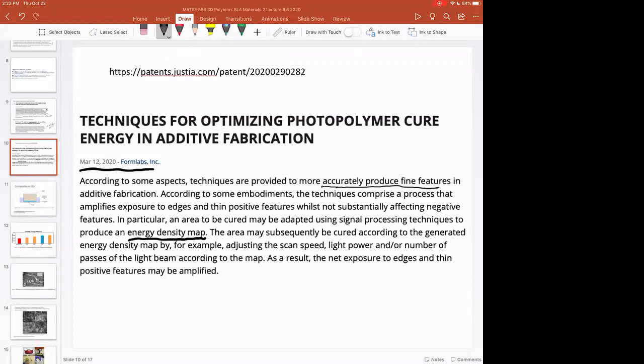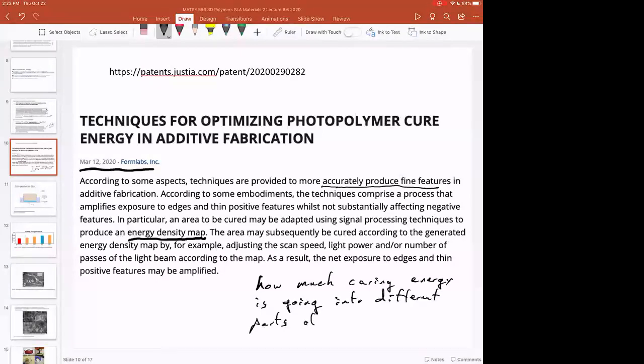So how much curing energy is going into different parts of the build and how to control that.